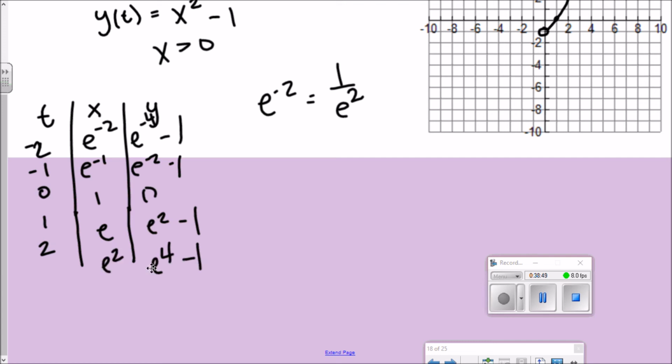So what's happening here? We're really close to those 0 values. And this one right here is really close to 0 minus 1, which would be negative 1. So this point is approximately 0, negative 1. Now, is that perfect? No, it's not.